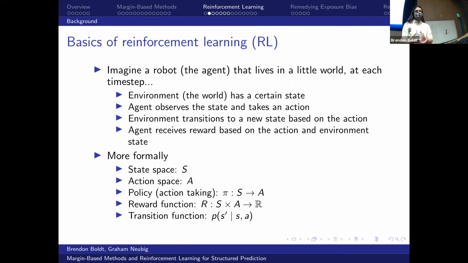The agent makes an observation of this state, and then takes an action in response. The environment will react to this action. If the agent is moving, then the state will change, or if it picks up a block, that might be reflected. Then, based on this action and the state the environment is in, the agent will receive a reward.